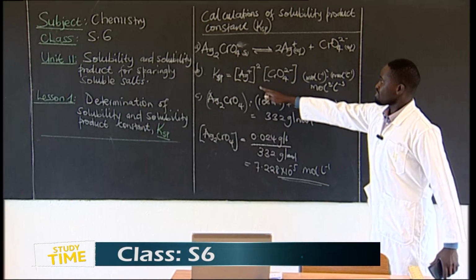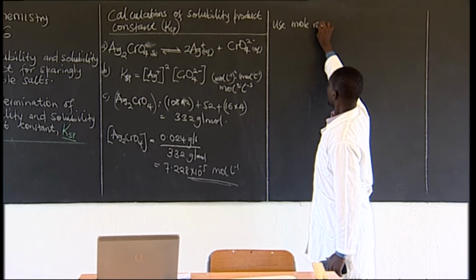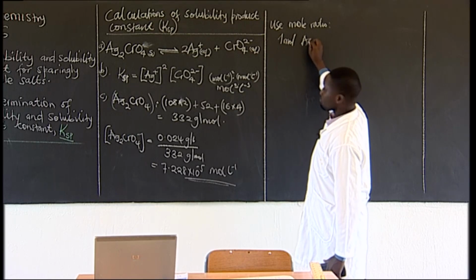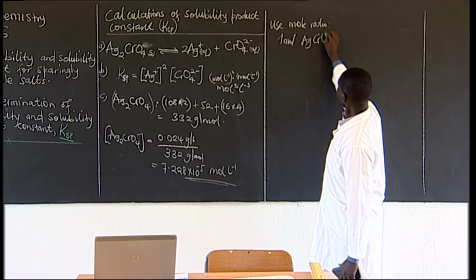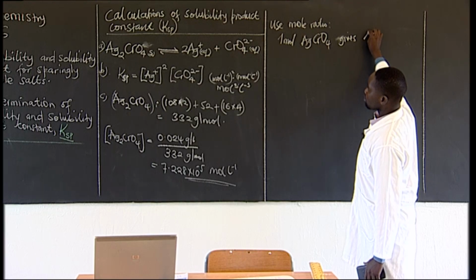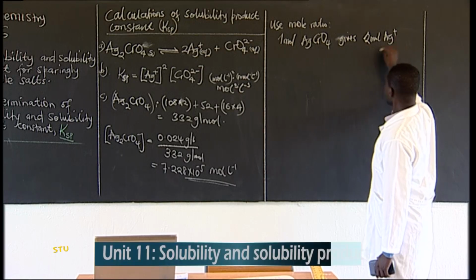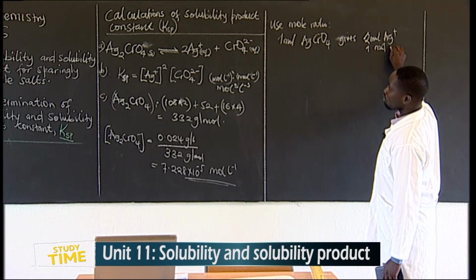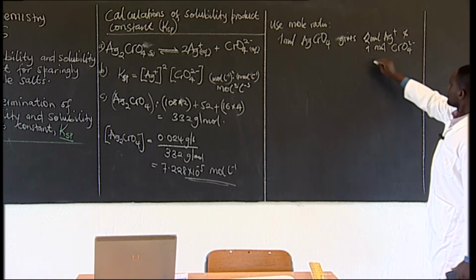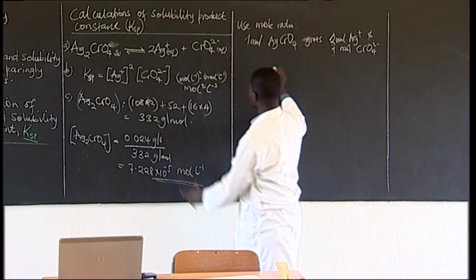To get the amount of the ions, we shall use mole ratio. What do I mean by mole ratio here? For 1 mole of silver chromate that dissolves, it gives 2 moles of silver ions and 1 mole of chromate ions in solution. So we can use this mole ratio to get the amount directly.